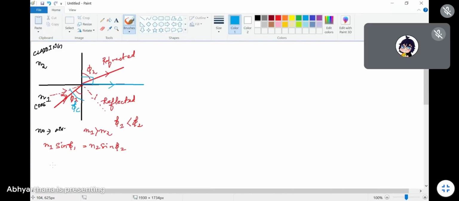So that means it will be N1 sine phi c is equal to N2 sine phi 2, right?